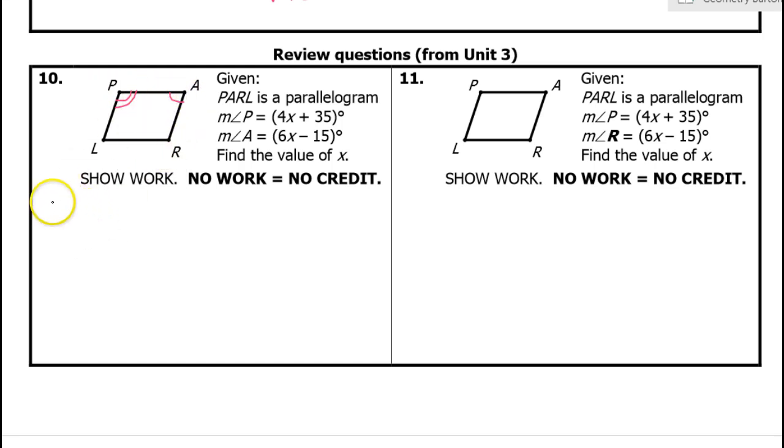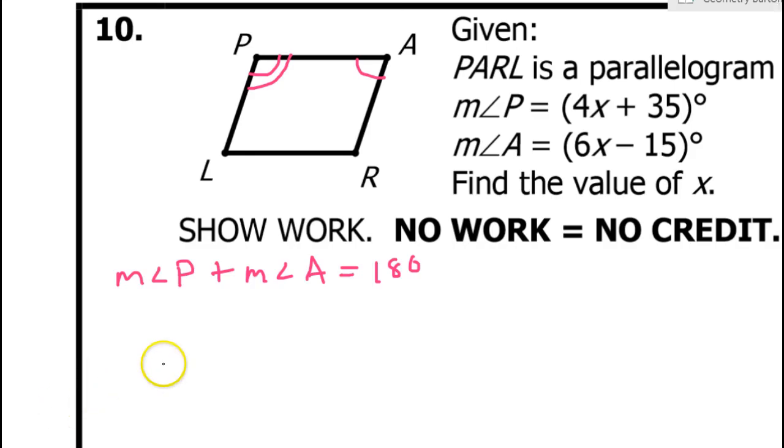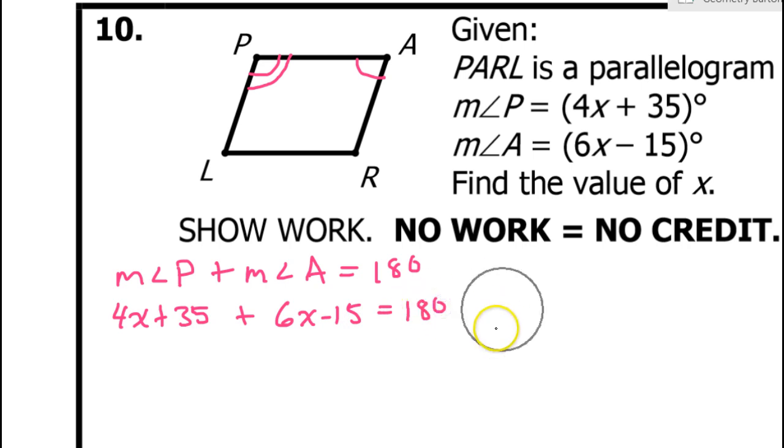So that tells me that the measure of angle P plus the measure of angle A has to equal 180. So that means that 4x plus 35 plus 6x minus 15 is equal to 180.